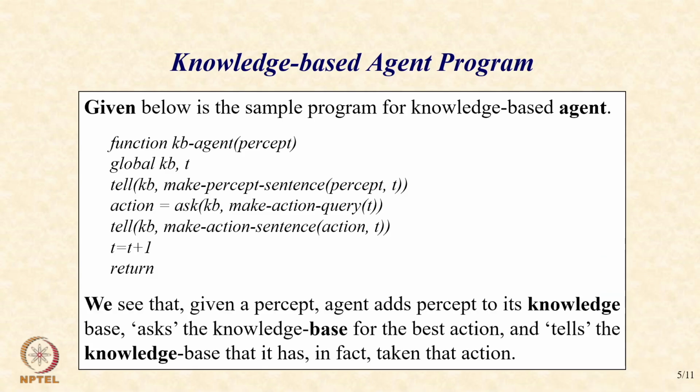So, you can see that given a percept, the agent adds the percept to its knowledge base, asks the knowledge base for the best action and tells the knowledge base that it has in fact taken that action for that percept. Now, that becomes a connection in the database, that for this percept this is the action which has been taken.